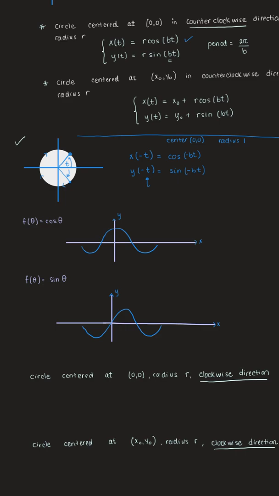So I've also drawn here a sketch of cosine theta. We'll consider our x value for each point along the circle will be cosine of negative bt, where b is a constant. But the cosine function is an even function. That means it is symmetric over the y-axis.